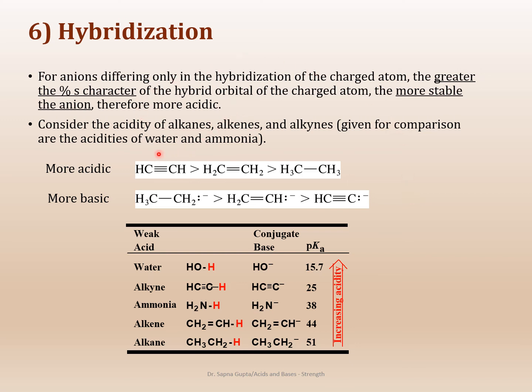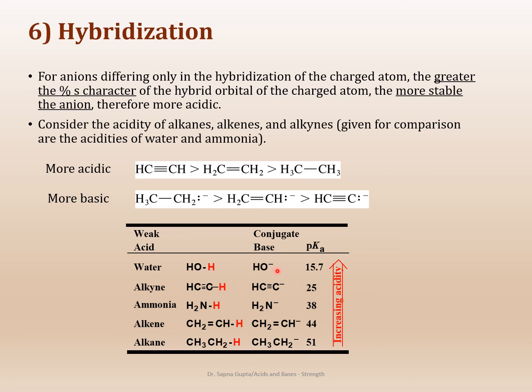one. So the sp hybridization is in alkynes, alkenes are sp2 hybridized, alkanes are sp3 hybridized. All right, so the alkynes are the most acidic and the alkanes are the least acidic, okay, of all the hydrocarbons that we're talking about.